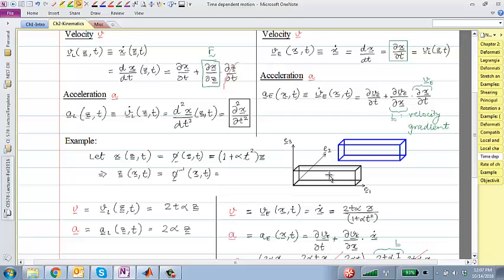We remember this deformation map. This deformation map is not something that we've looked at before, but let me ask you if you can interpret what this is. This map is saying x in the deformed coordinates is equal to some factor, which is equal to 1 plus alpha t squared, times z.